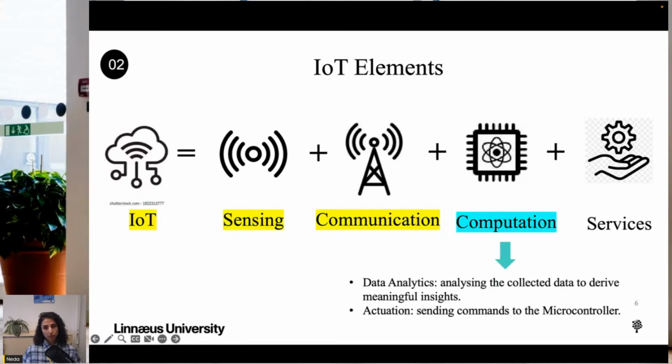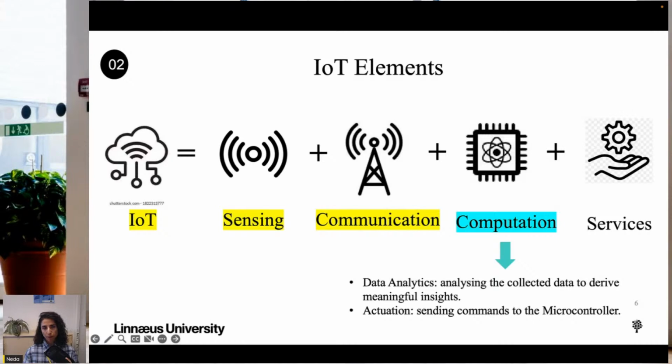Another concept is actuation, which involves sending commands or instructions from another device or system to the microcontroller. In IoT computation, the microcontroller can control physical devices or perform actions based on these commands.